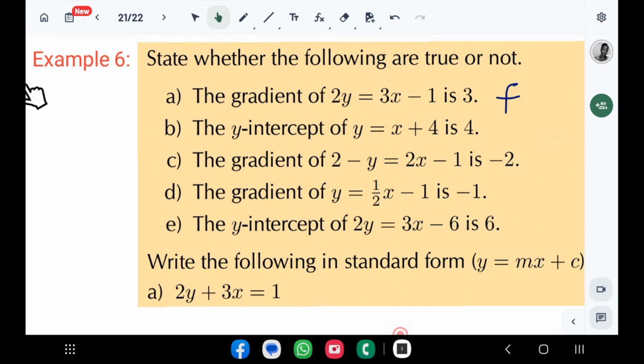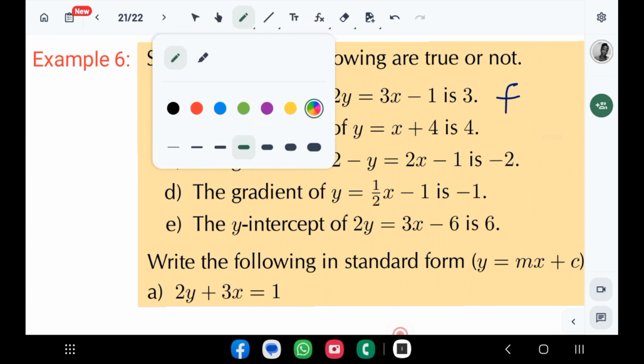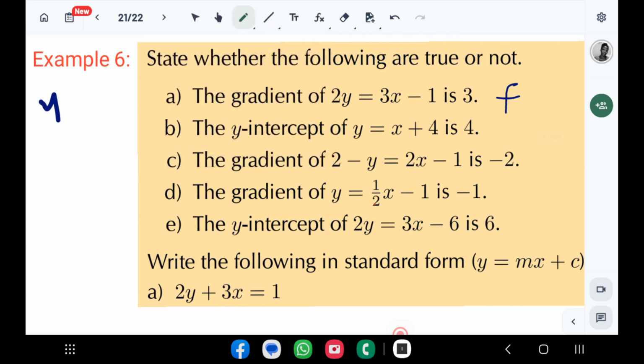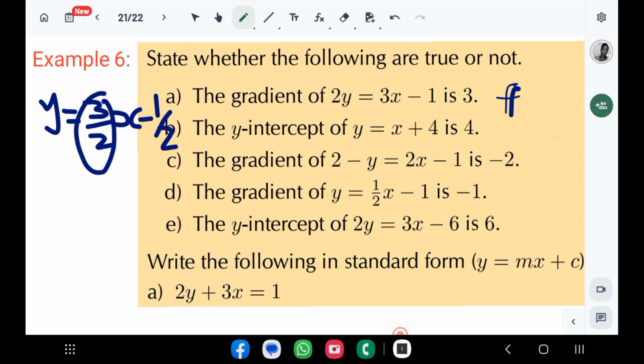So that will be y equals 3 over 2 x minus 1 over 2. So the gradient should be 3 over 2.